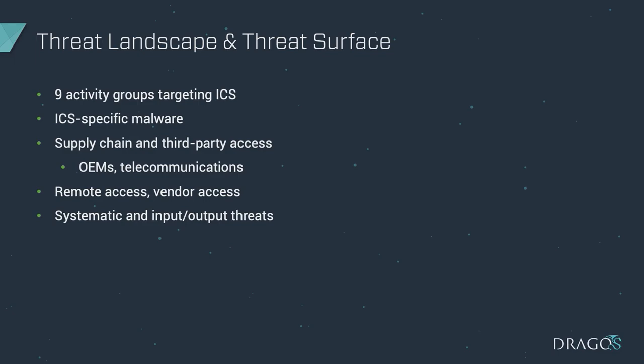This is kind of an interesting one, actually. We recently released a report on Hexane. This is an activity group that targets oil and gas, but they also targeted telecommunications entities. Why would that be useful or interesting? Well, if you think about very spread out facilities, you have offshore oil and gas drilling, for instance.